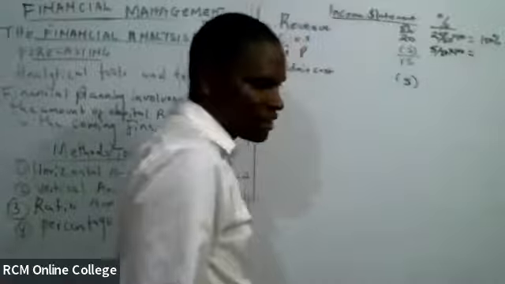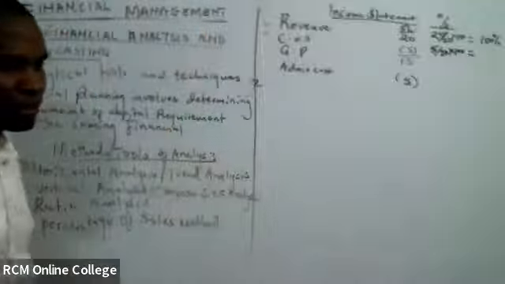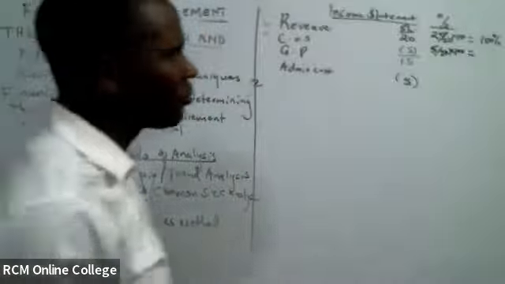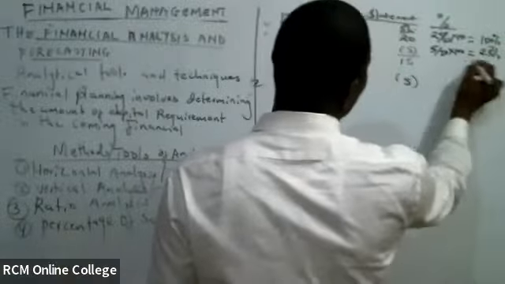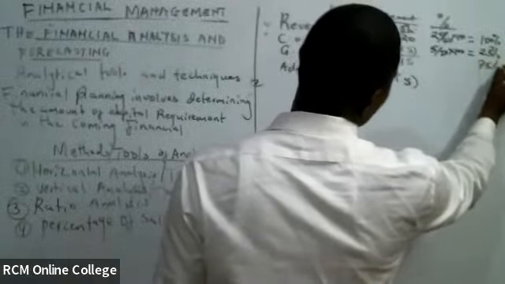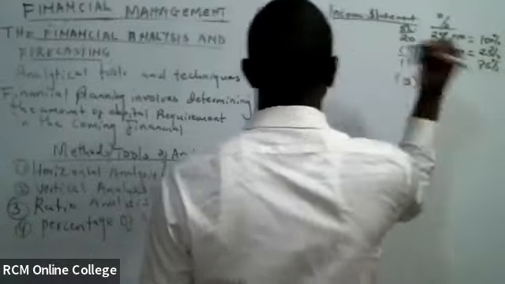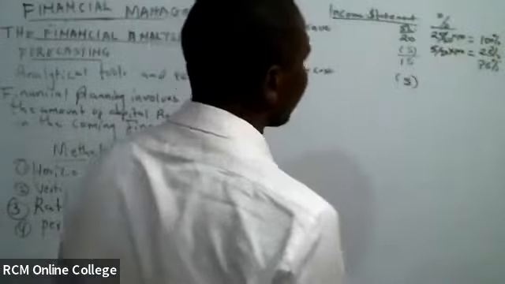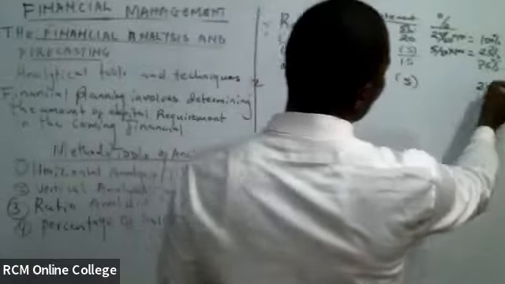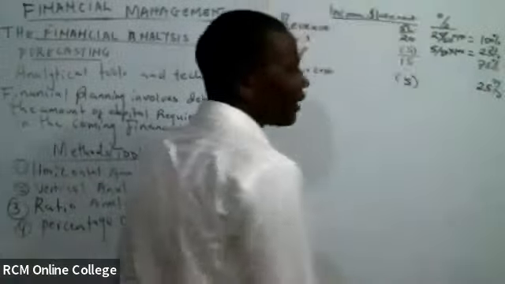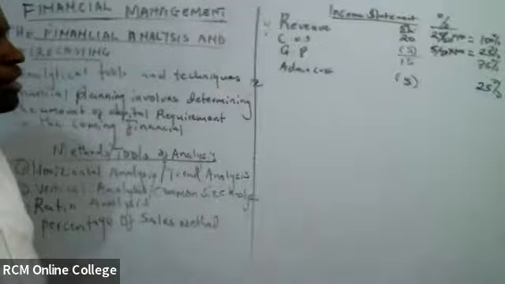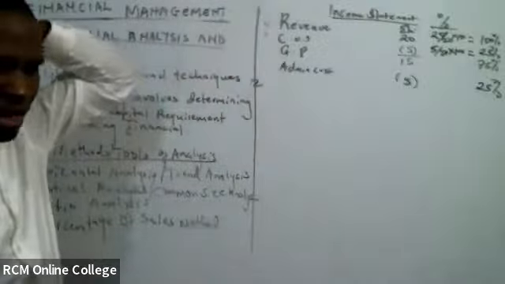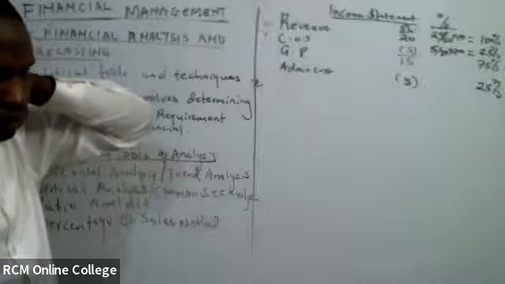How much is the percentage of our cost of sale? 25%. So that means gross profit would be 75%, because there is a direct relationship between the three, and then this would be 25%. So we're just expressing these items as a percentage of this. Simply, that is how you do that.